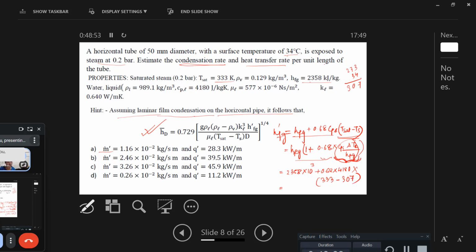How much do you get for this? If we calculate this, 2358 plus 0.68 into 4180 into 33 minus 7, which is 26.